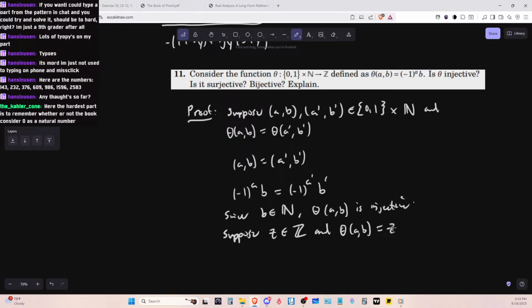That means we have to show that z is, so a is going to be either, so maybe we should try to solve for just b.